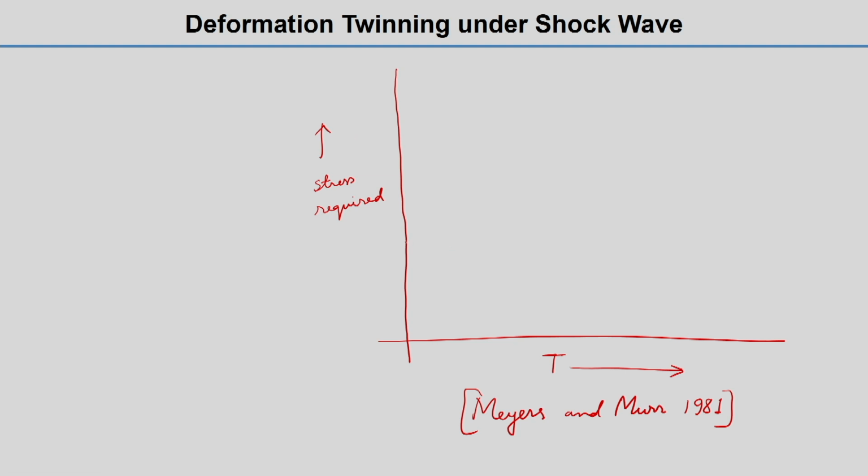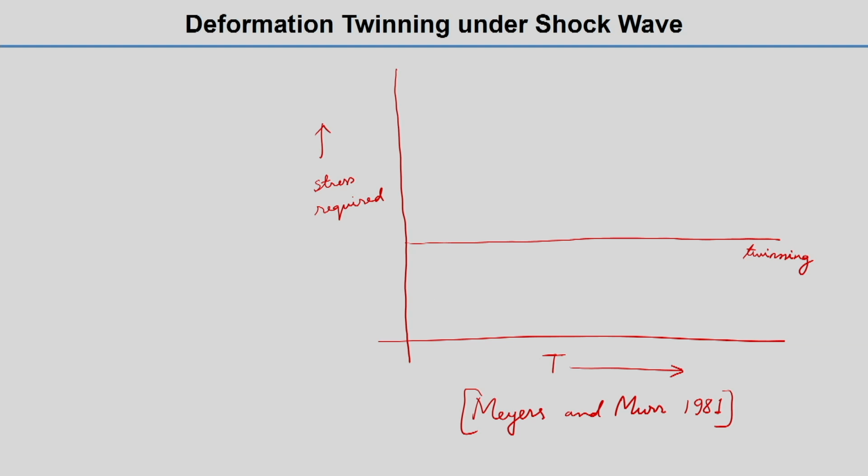So we can see that this is a horizontal line for twinning. That means stress required for twinning does not change with temperature. By the way, this is a very ideal situation. Probably there can be some changes, but here we can approximate it as almost constant.